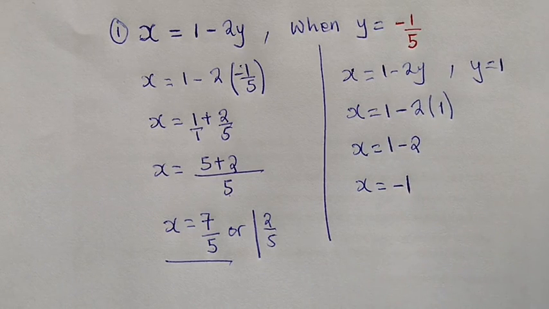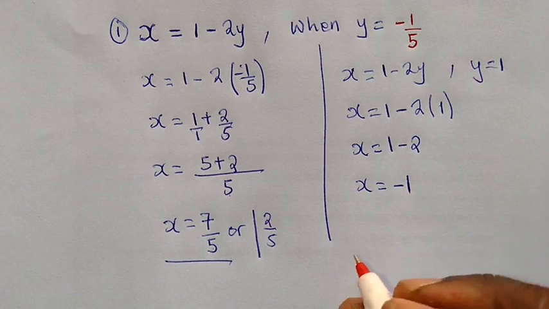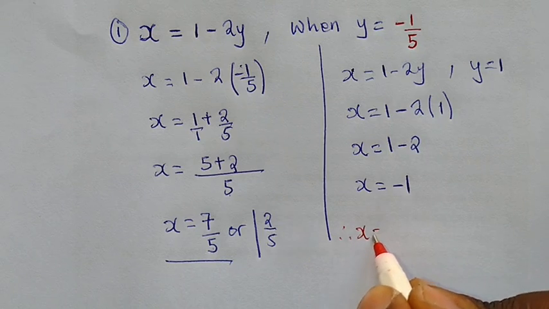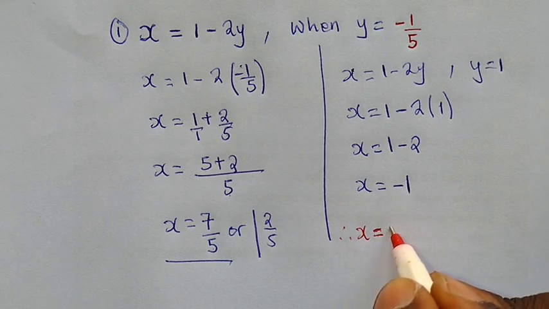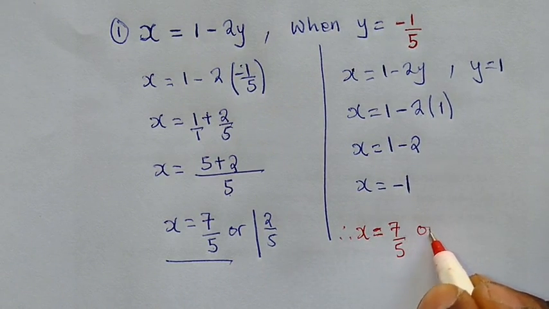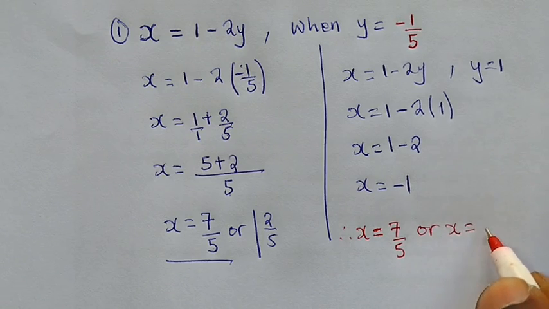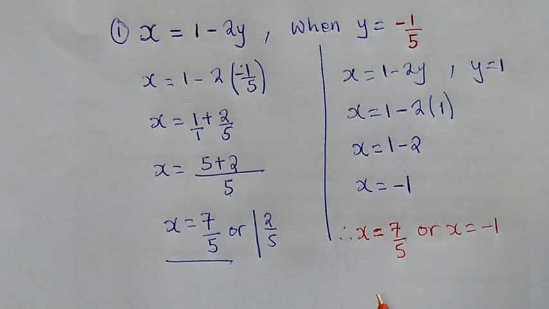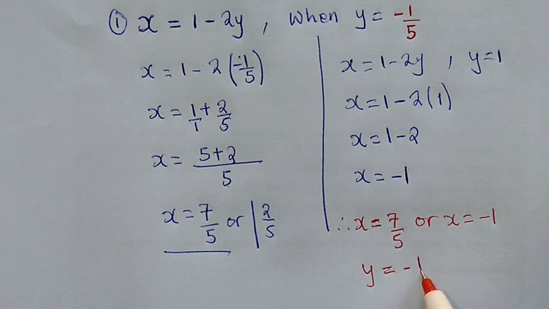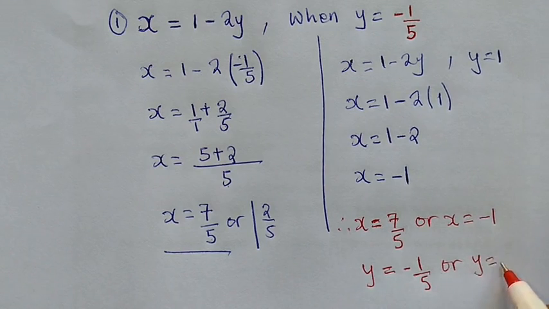So our final conclusion, we are going to say, therefore, x is equal to 7 over 5, okay, or x equal to negative 1, okay. Then we also have y equal to negative 1 over 5, or y is equal to 1.